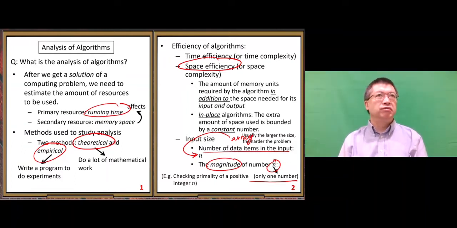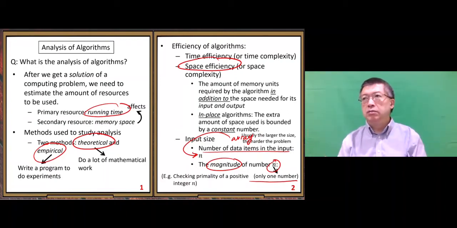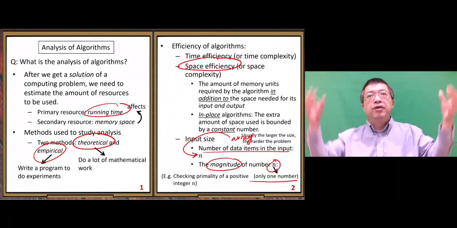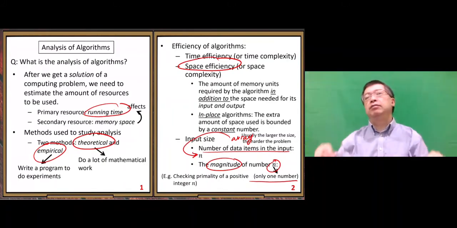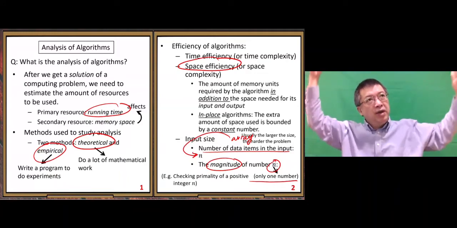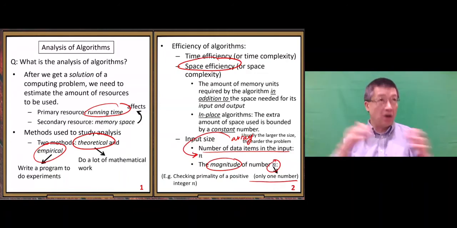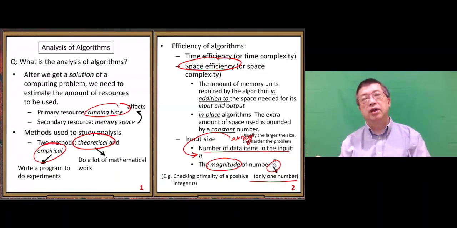In that case, you only give one big number. So the size is the magnitude of that number, the value of that number. If the number grows many, many times larger, then the problem size also becomes larger. That situation corresponds to the magnitude case.